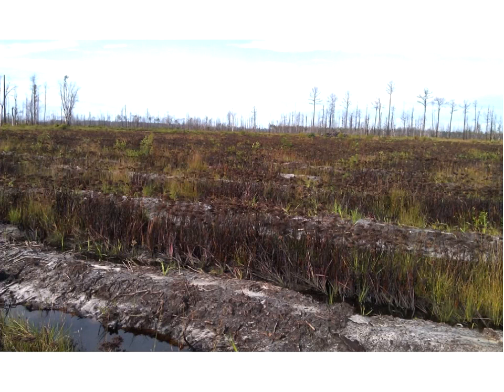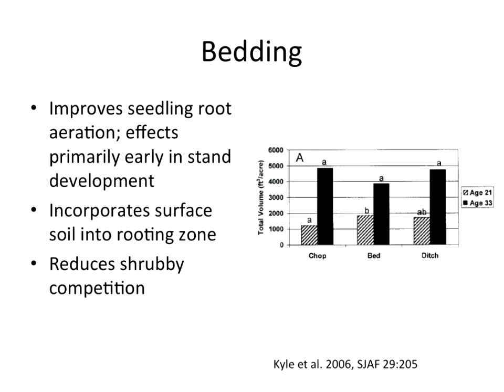Bedding allows us to lift seedling roots above the zone of inundation and basically allows those roots to get oxygen. And that's especially important early in stand development where water tables tend to be high. Once the trees get established and start transpiring a lot of water, the water table tends to go down and those effects become less important.